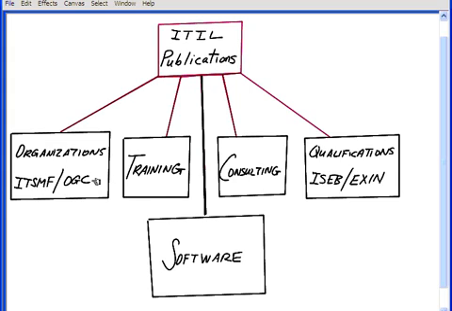Then, of course, you have training organizations that train on ITIL service management, and individual consultants, those who have obtained the foundation certification, the practitioner and management certification, and go out there on their own and consult for organizations and businesses. And then the different arms of qualification.